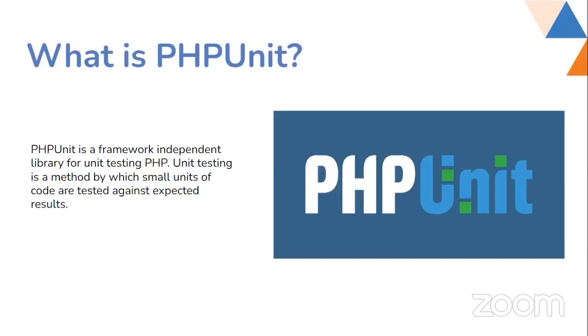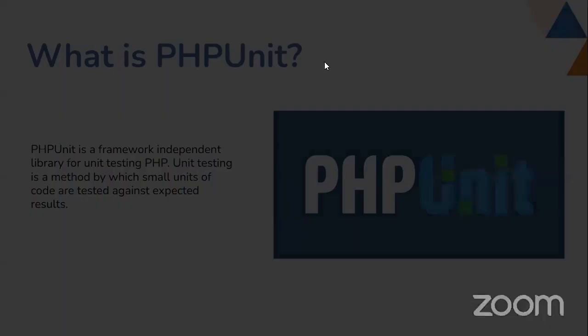But through unit testing, you can make a test case where you can check whether the sum is working fine or not. And also you can make a test on the search product and fix that. So it makes the whole development easier. So moving on to the next slide.